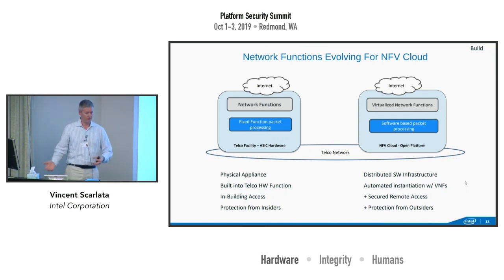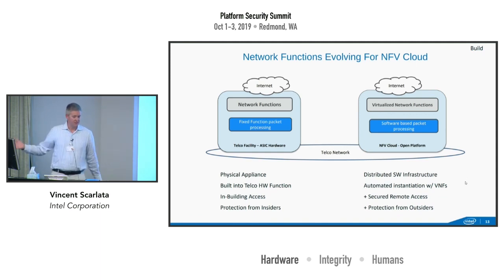Obviously, it's a software upgrade versus an ASIC upgrade or an ASIC repurchase. The downside is that the security promises are significantly lower because it's just software running in a VM. But as long as you're keeping it in your own data centers, you being the telco company, that math plays out, and it's still worth making that migration.